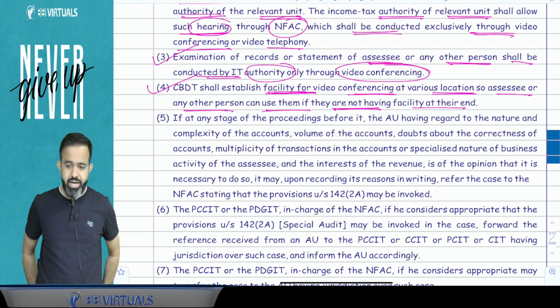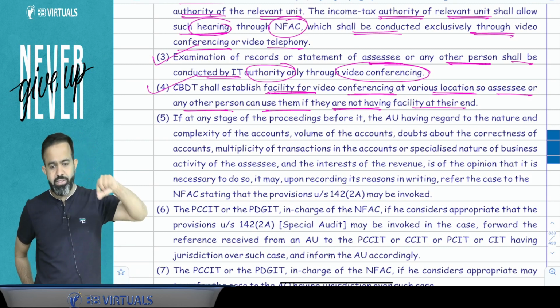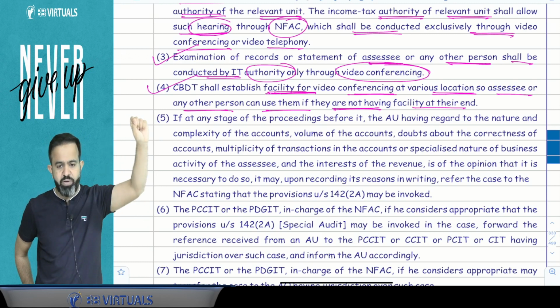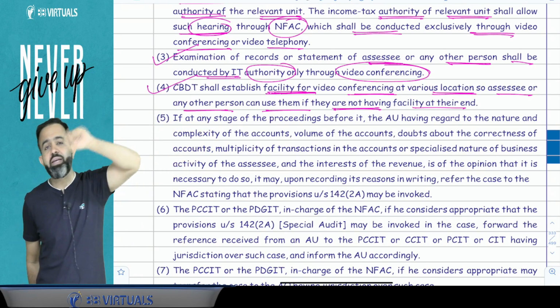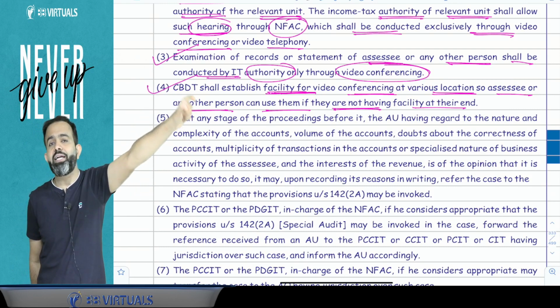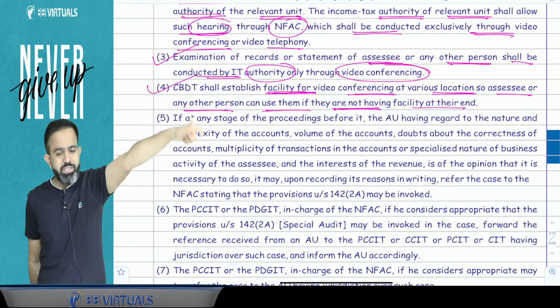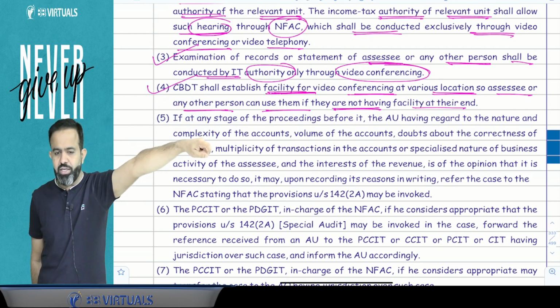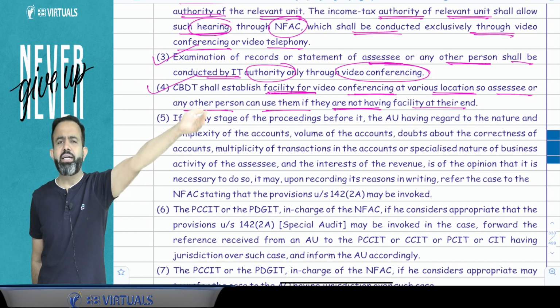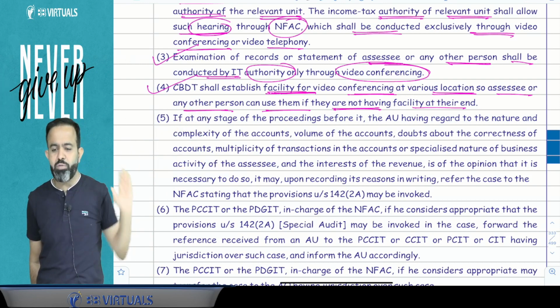The answer is yes. Suppose that is requested by the assessment unit to the NFAC, then a chartered accountant will do the special audit. NFAC will intimate the jurisdictional CIT, PCIT, CCIT or PCCIT, and they will ask them to appoint a chartered accountant. The chartered accountant will do the special audit. But a special audit, obviously, will be done in a physical manner, not in the online manner.